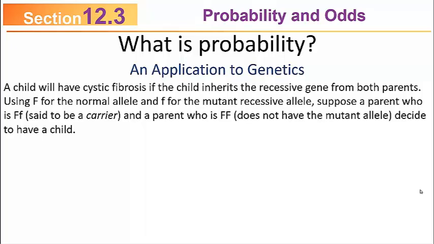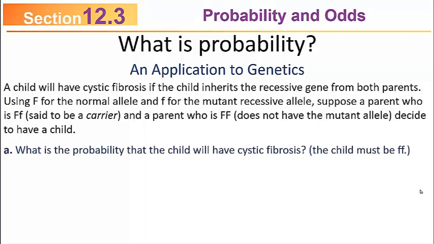And another parent who is capital F, capital F, there is no recessive allele there at all. If we want to do a Punnett square for those to decide what the probabilities are for the child, I can ask any number of questions, but let's start out with this one. What is the probability that the child will have cystic fibrosis?